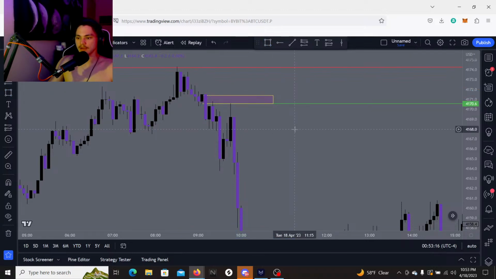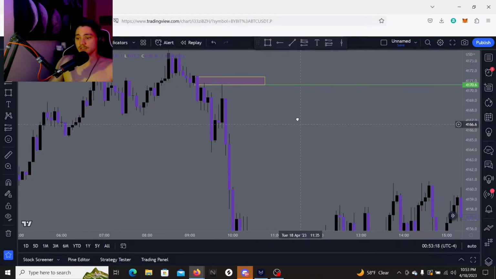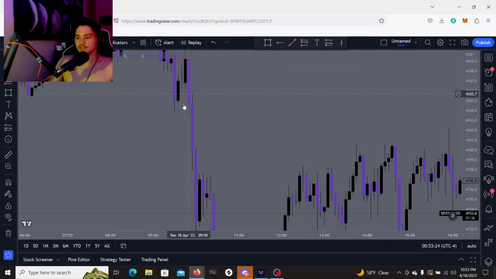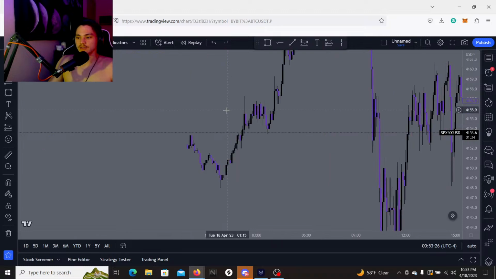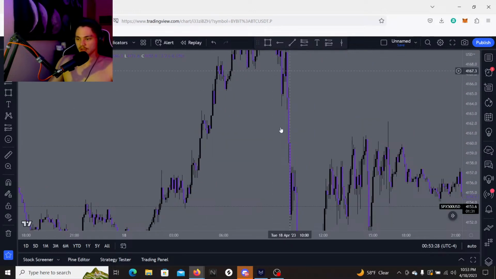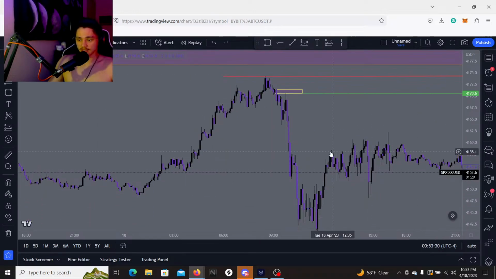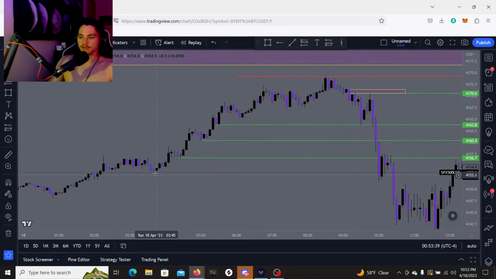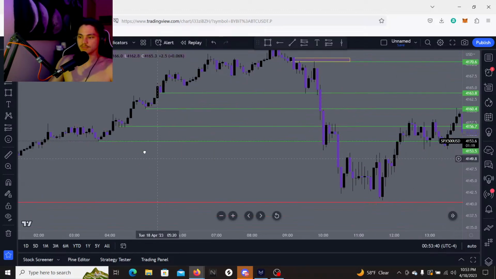Barely tapped it, but did hit it. And then, yeah, that should have been where the short was. But instead, we didn't short that entire move as I watched it purge this liquidity, this liquidity, this liquidity, this liquidity. So it purged all that.